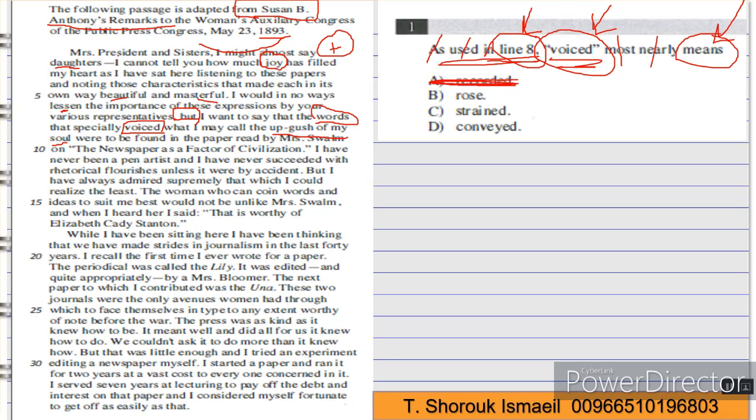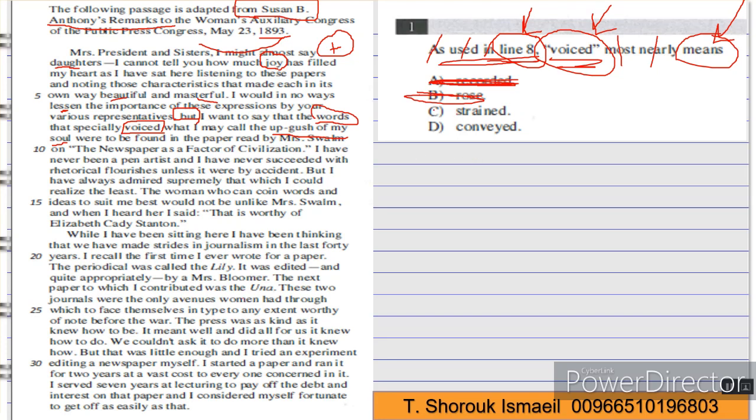I will not look at it. Come to letter B, rose. Let's think about it. Words don't rise. Okay, so the meaning here doesn't fit. Words don't rise. So when I plugged it in, it didn't work. Okay, so I just crossed it out.